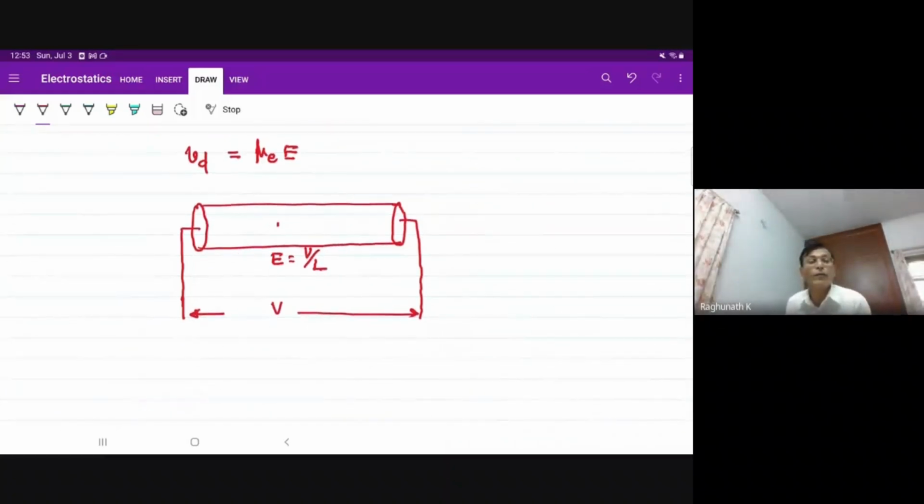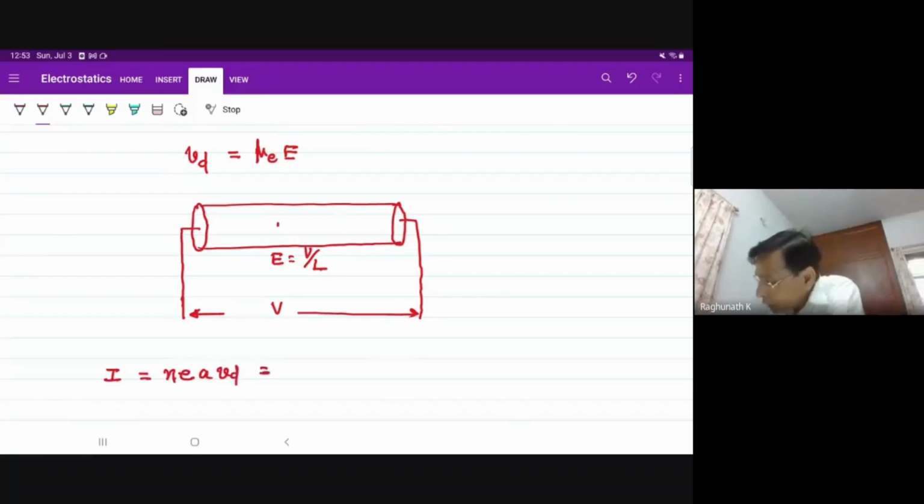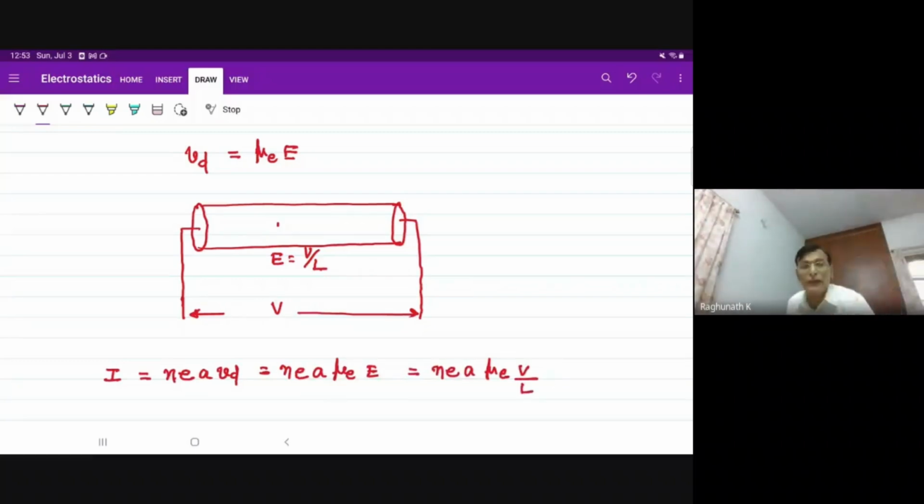I is equal to N e A Vd, which is equal to N e A mu E, which is equal to N e A mu times V by L. L times E is equal to V, V by L is equal to E. So the current I is equal to N e A mu V by L.